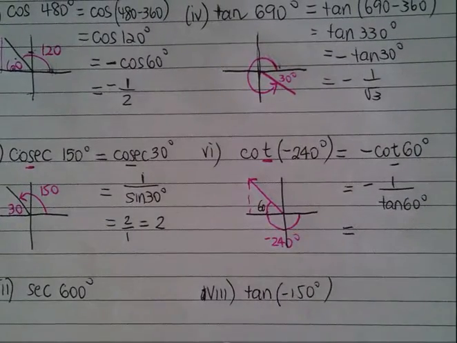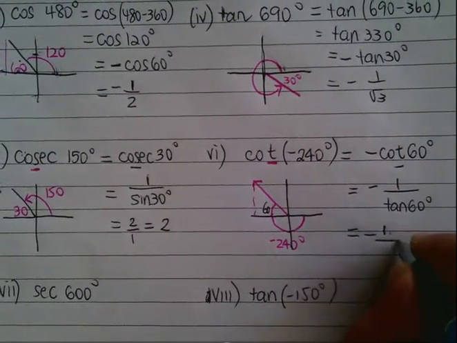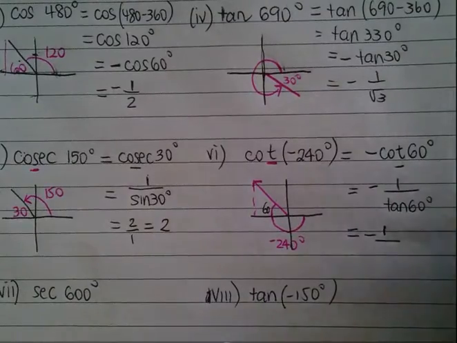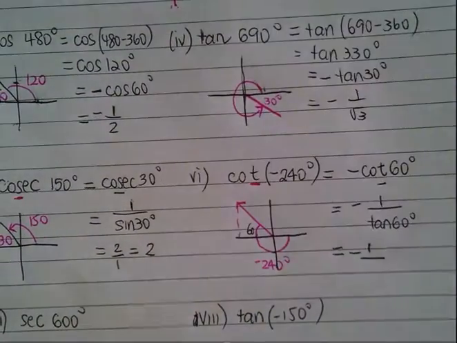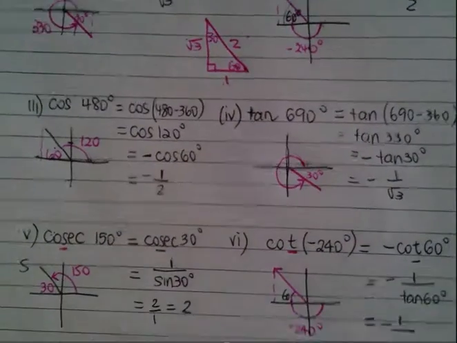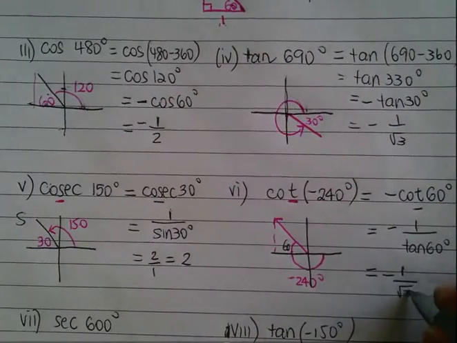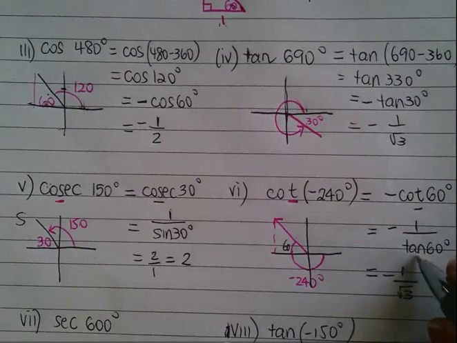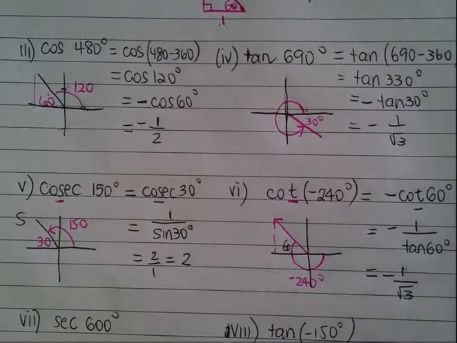And what's tan 60? See, this one I would just go negative 1 over, what's tan 60, anyone? Here it is, tan 60, root 3 on 1. So it's just root 3. So it's negative 1 on root 3. Because it's negative 1 over tan 60, which is root 3.